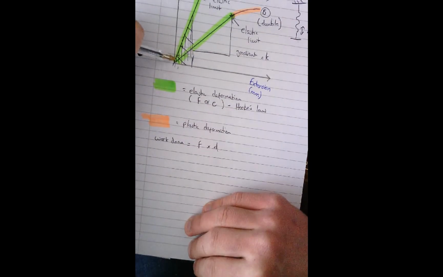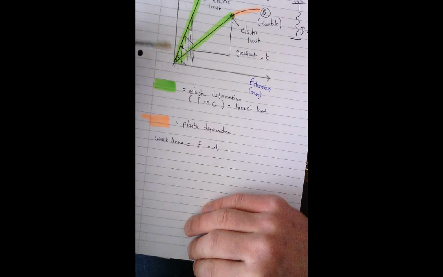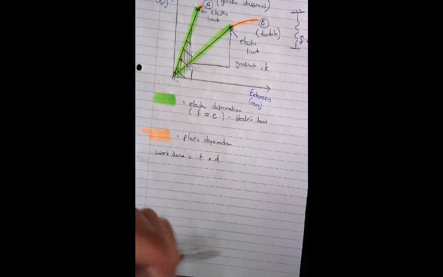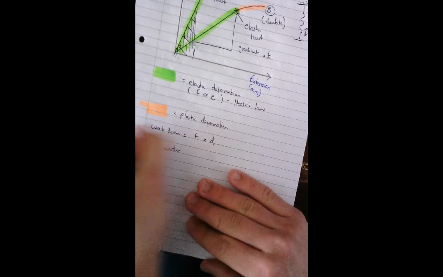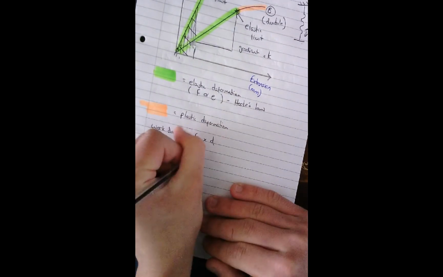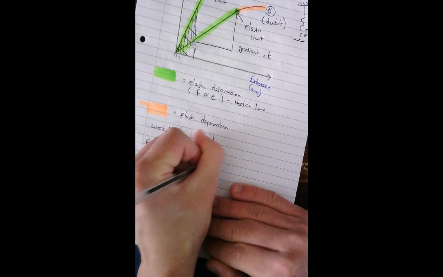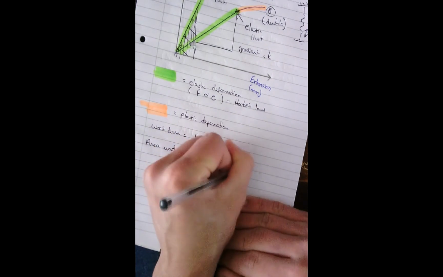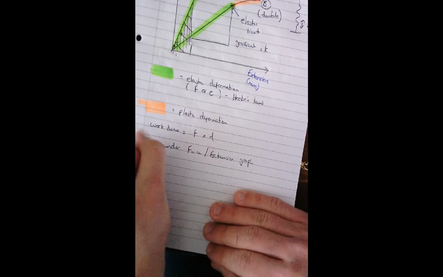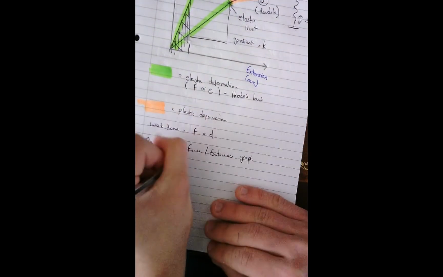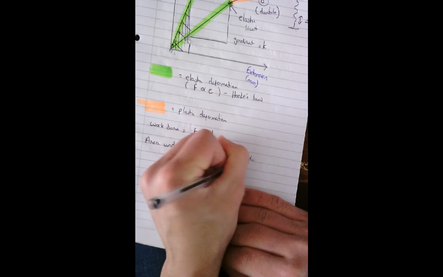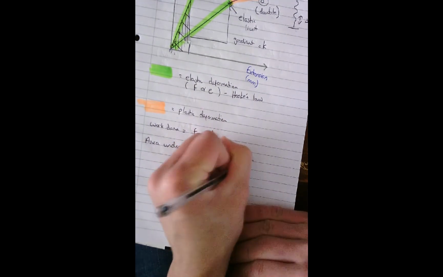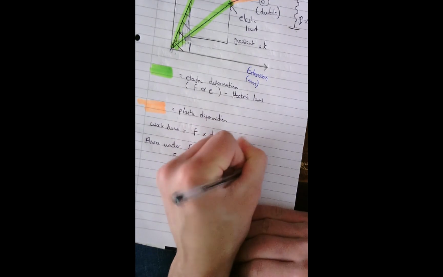So if we're working out this force times distance moved for each section, effectively the area under the force extension graph is equal to the work done in extending the material.